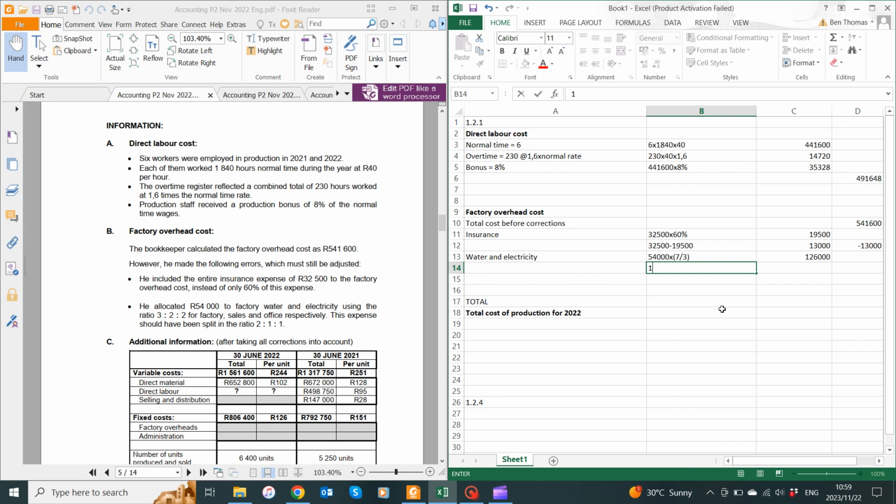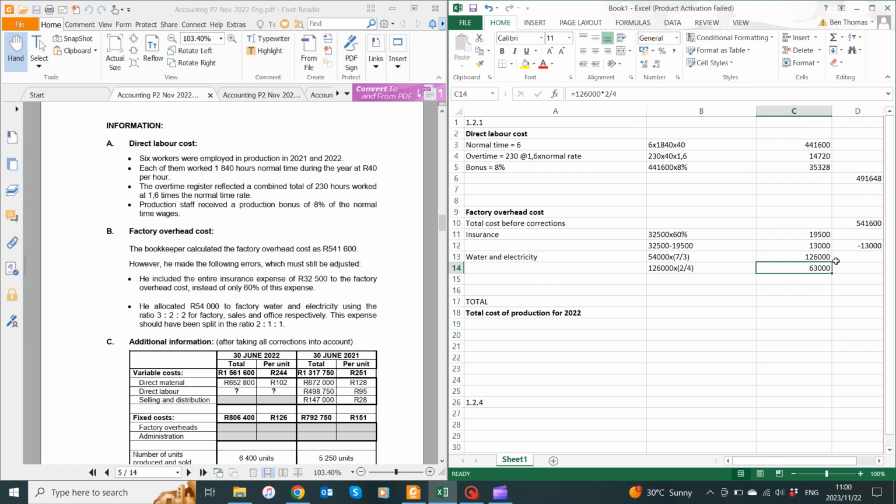So what are we going to say? 126,000 multiplied by 2/4. So if we do that sum over here, times 2 divided by 4, 63,000. Now guys, 63,000 is the correct water and electricity amount for factory overhead costs.